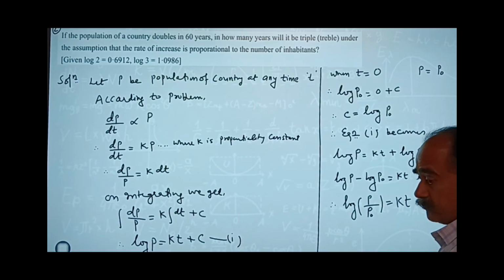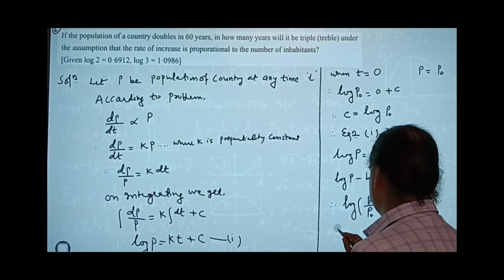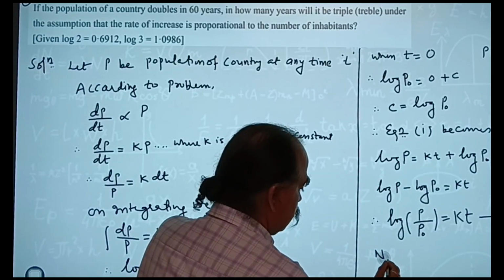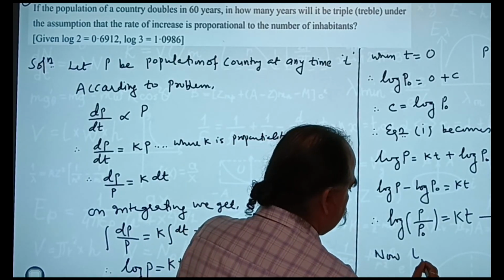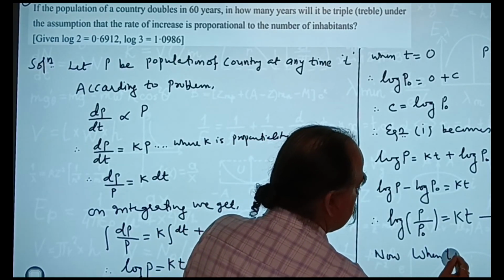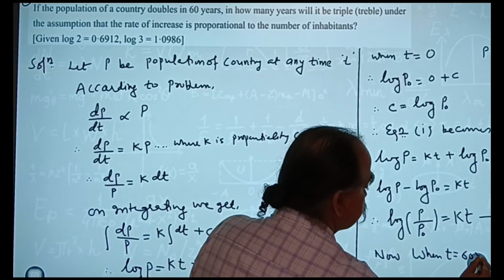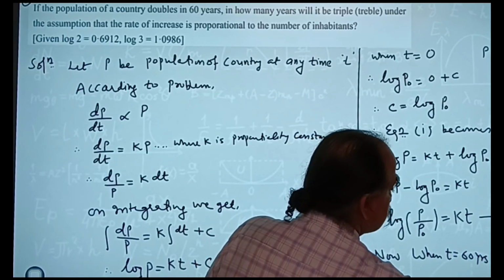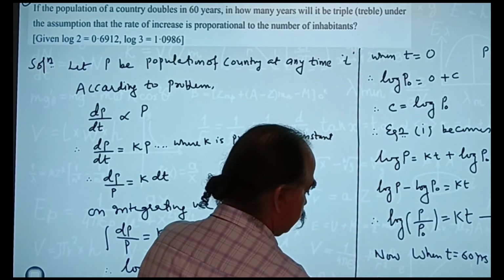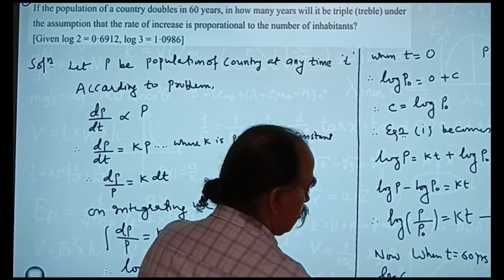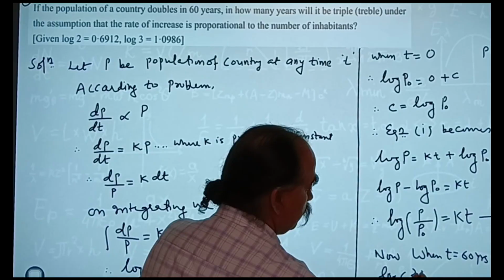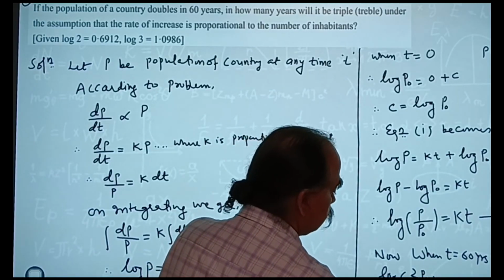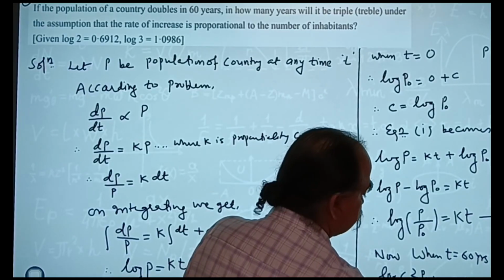Now, when time is 60 years, P becomes 2 times P0. The log of 2P0 upon P0 is equal to 60k.